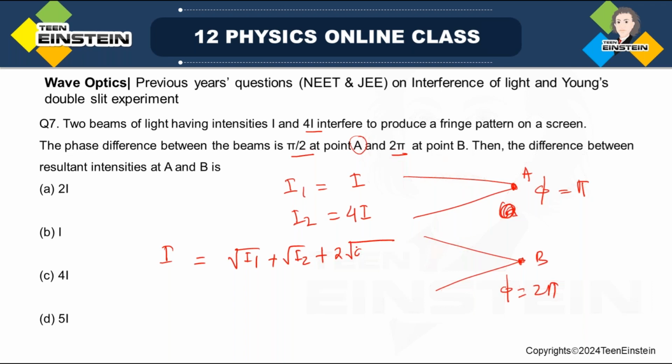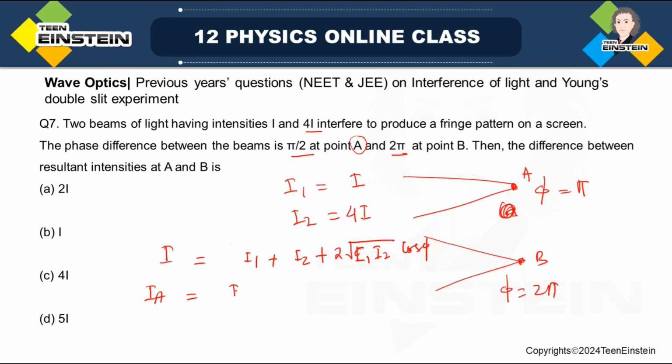So this cos phi here is very important. Now suppose I want to find out the intensity at A. So I1 is I. I'm again and again making the same mistake, this will be I, not square root.